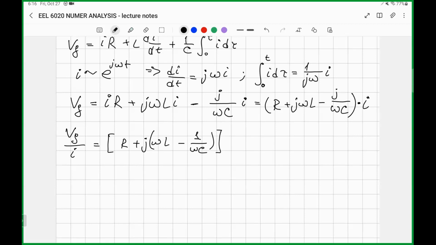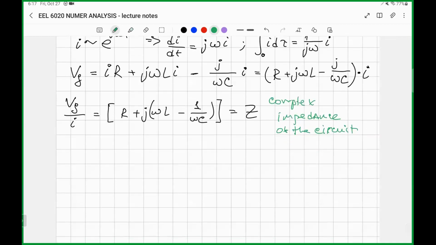Okay, and this is equal to the complex impedance of a circuit. Complex impedance.